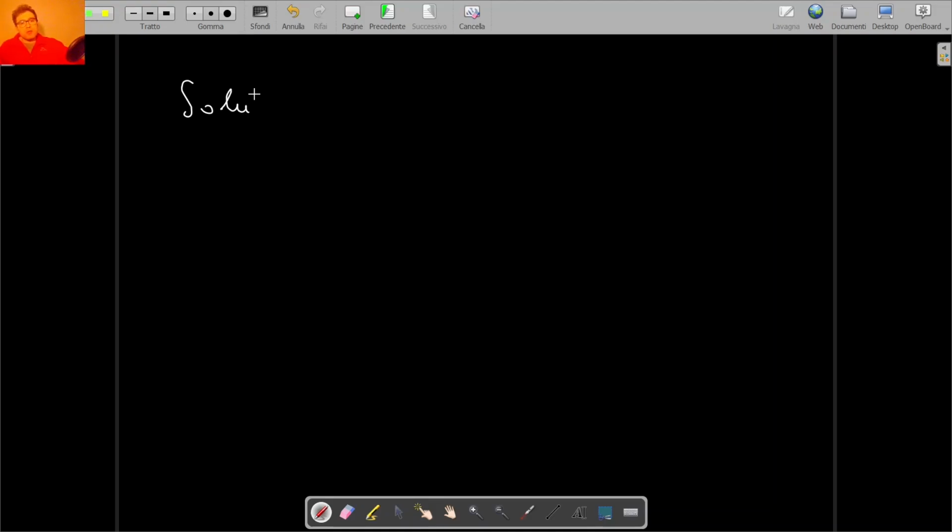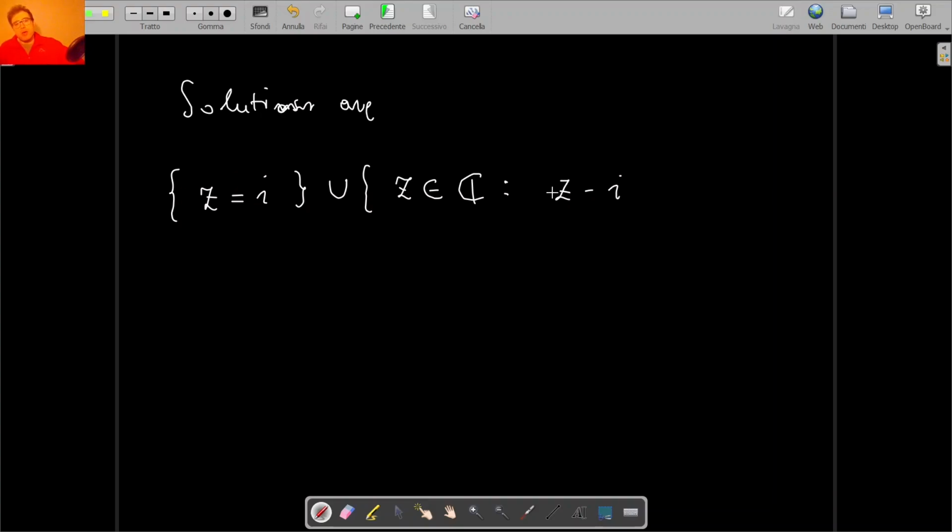So the solutions are: the first solution that we have found, which is z equal to i, and we write it as a set union all the z in the complex space such that the modulus of z minus i is 3.